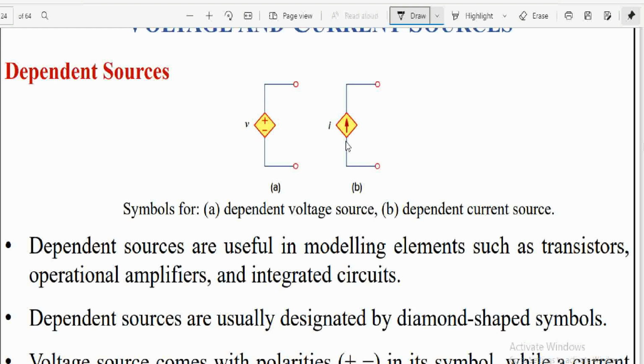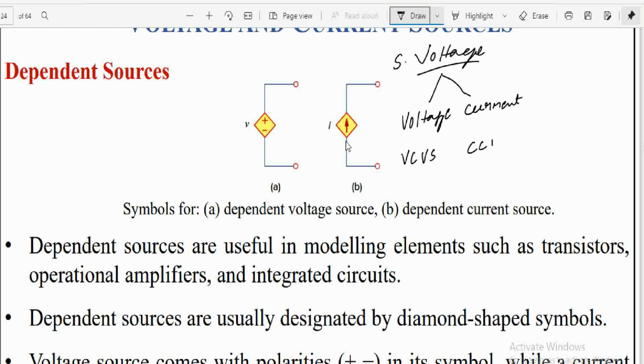In dependent sources for voltage, if this source voltage depends on another voltage, then it is called a voltage controlled voltage source. If this source voltage depends on current, then it is called a current controlled voltage source.